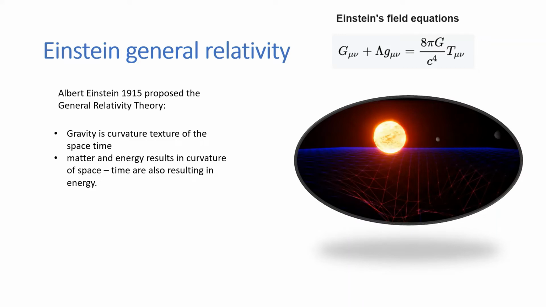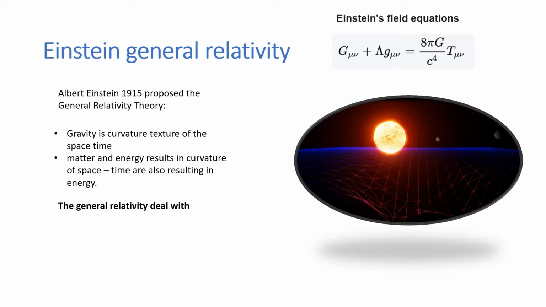Gravity is the curvature or texture of time and space, and matter and energy result in the curvature of space-time, which also results in the energy between the universe objects.